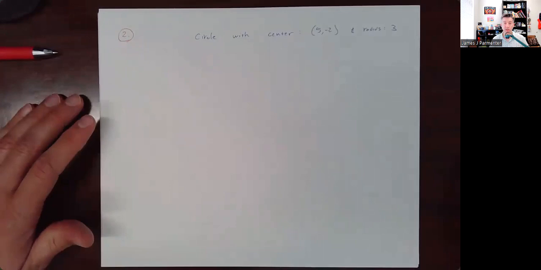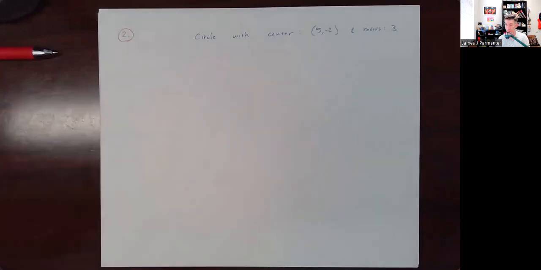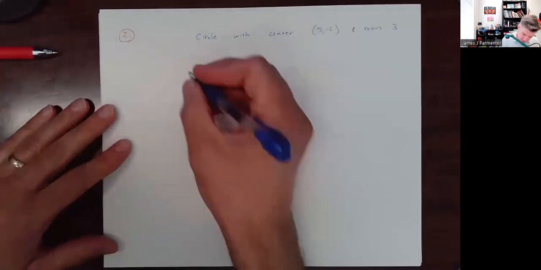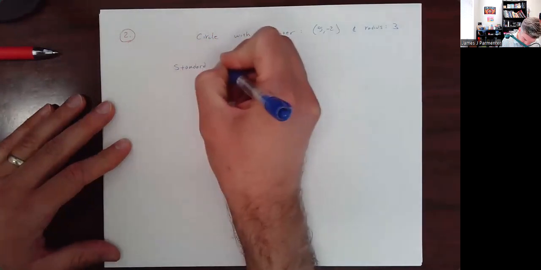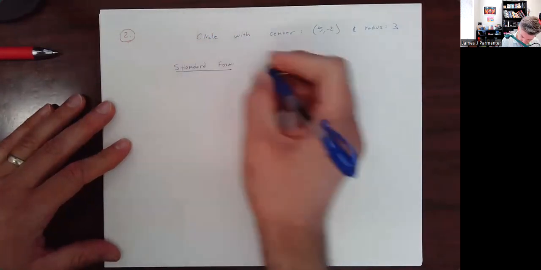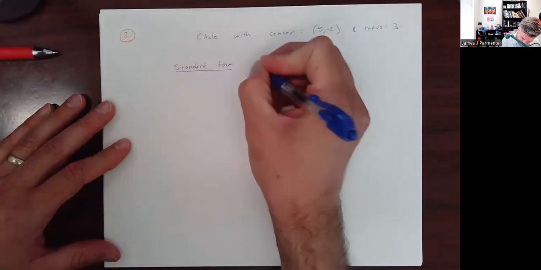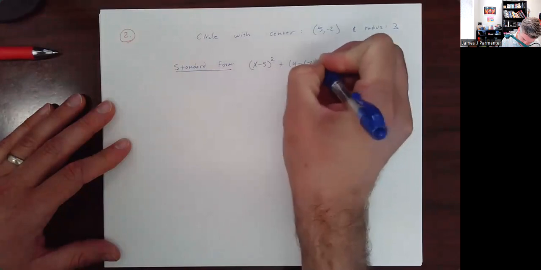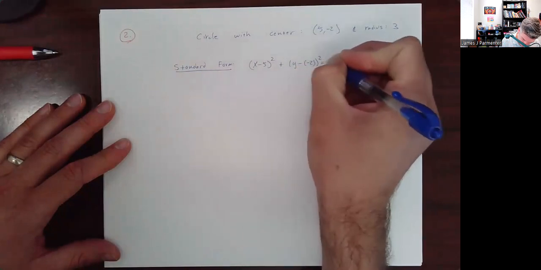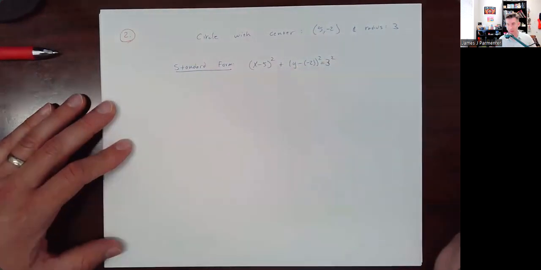So I'm going to convert that into an equation in the general form. Well, actually, I'm going to write it in the standard form first. So here's the standard form. Just doing the usual thing. It's going to be (x minus 5) squared plus (y minus -2) squared equal to 3 squared. Sorry, I kind of blew it there. It's all right.